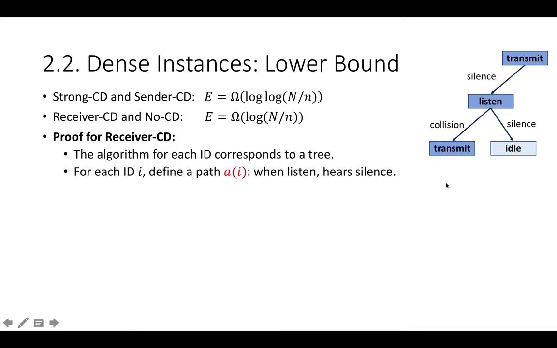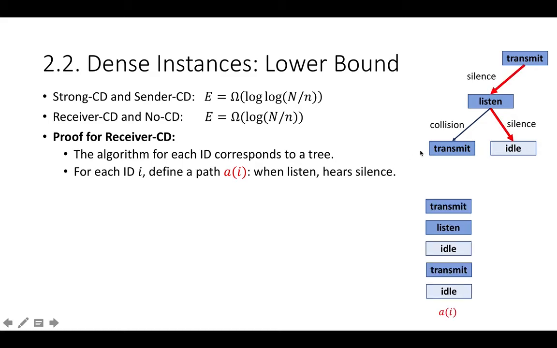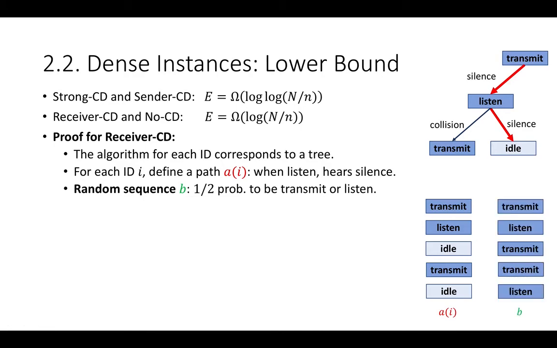And we define a path similar as before. So in this path, whenever the device listens, it will always hear silence. Next, we consider a random sequence B that also has a length t, and each time slot of this B is randomly transmit or listen, each with half probability.